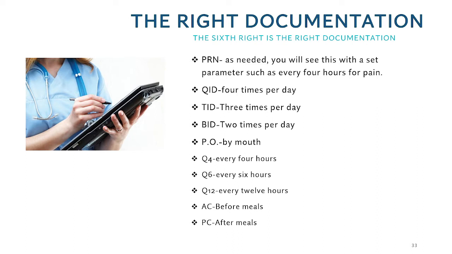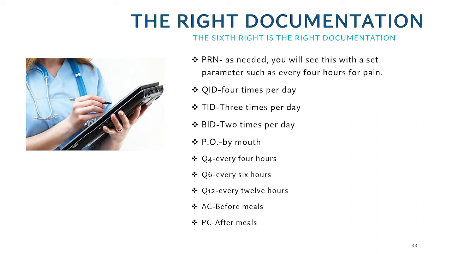Q4, this is another popular one that you might see. The capital Q stands for hour. The number is the frequency. So you might see an order that says albuterol Q4 inhalation. That means we're going to give an albuterol medication.